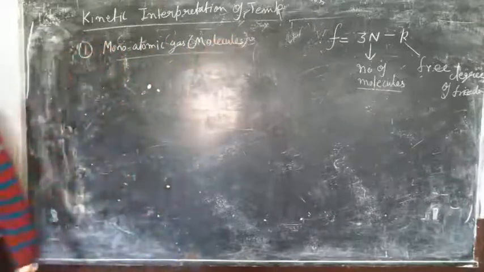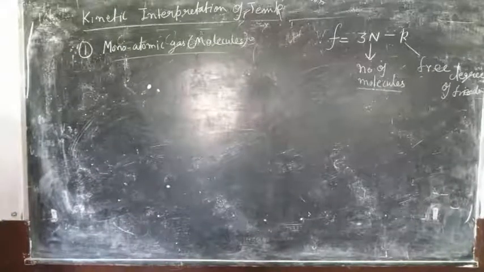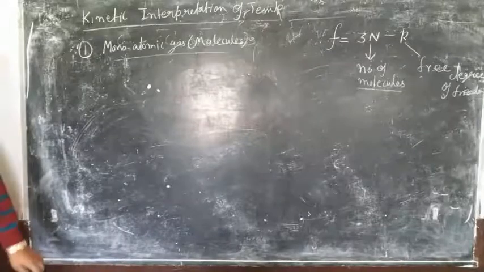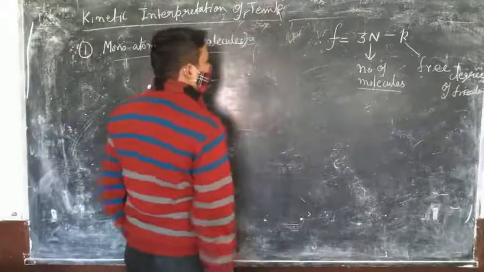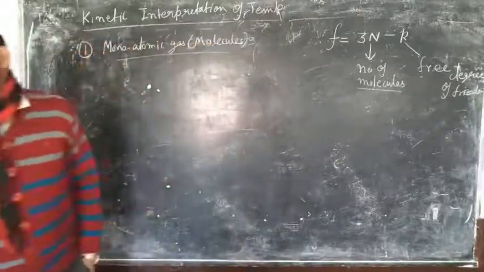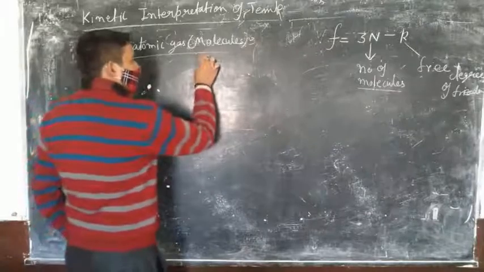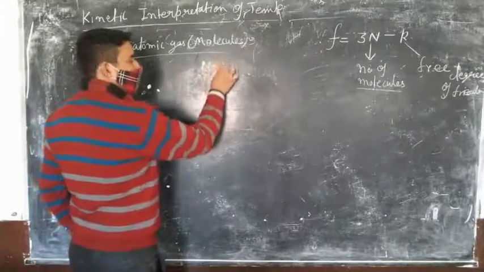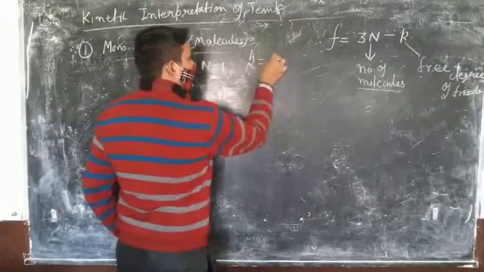They have 3 degrees of freedom and no free degree of freedom, that is, n is equal to 1 and k is equal to 0.